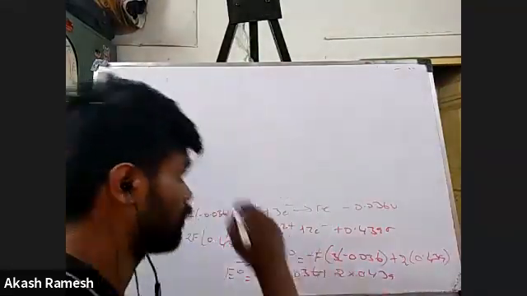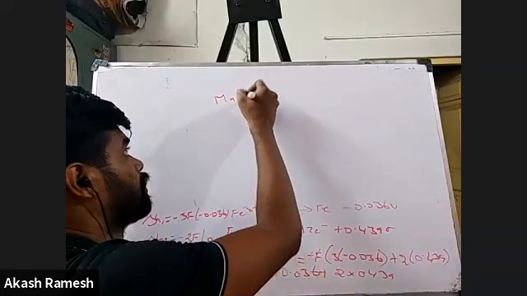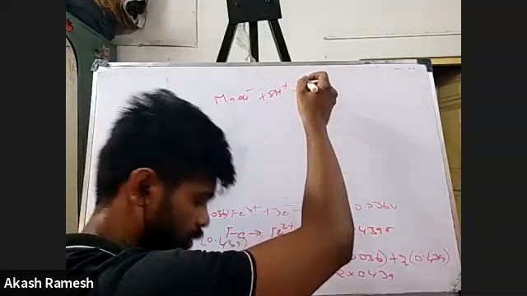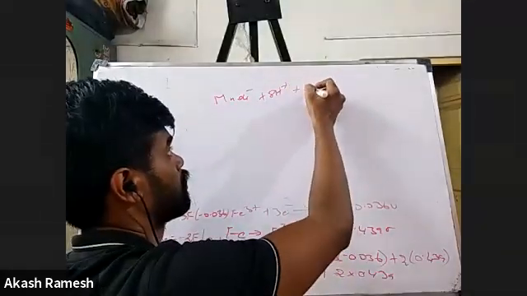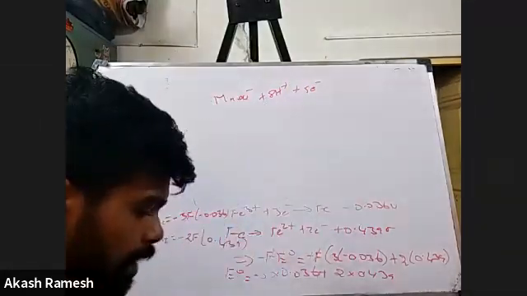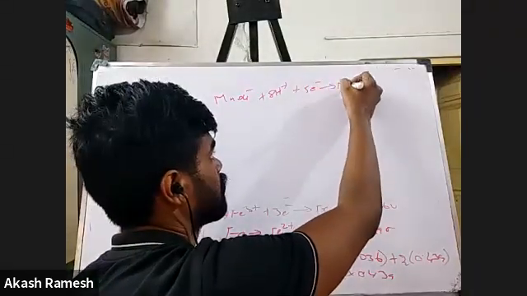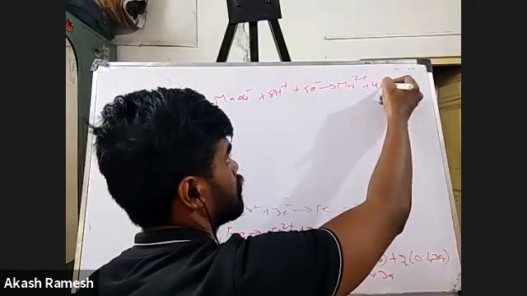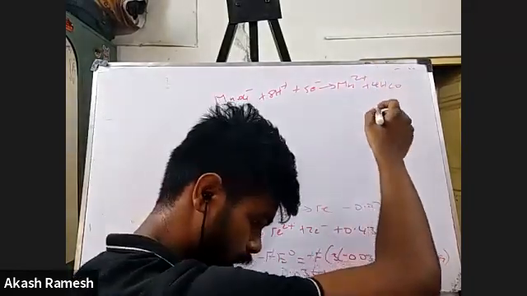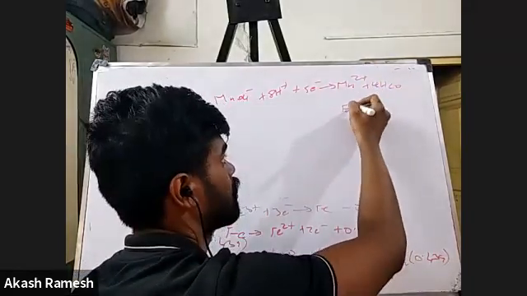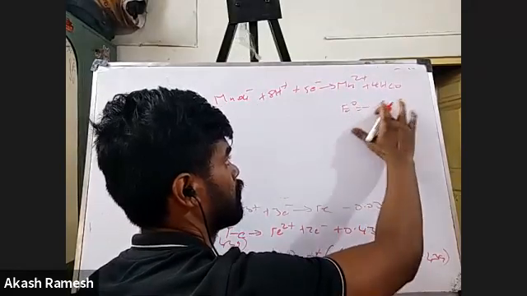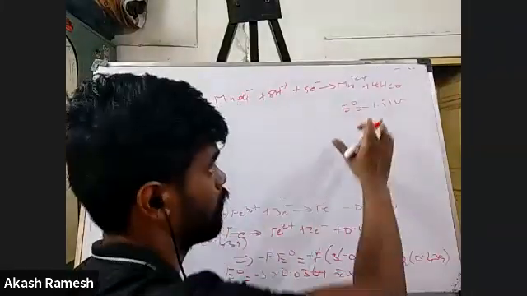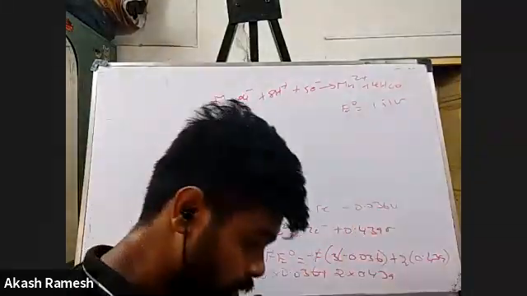Okay, so here I have MnO4 minus plus 8H plus 5 electrons gives Mn2 plus 4H2O, and the E naught value for this is plus 1.51 volts.